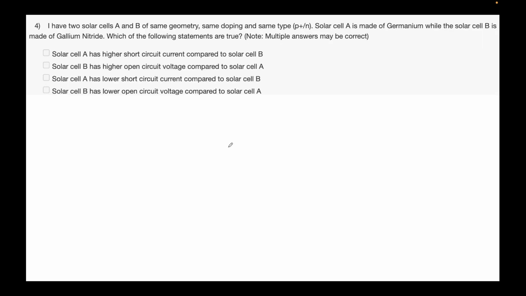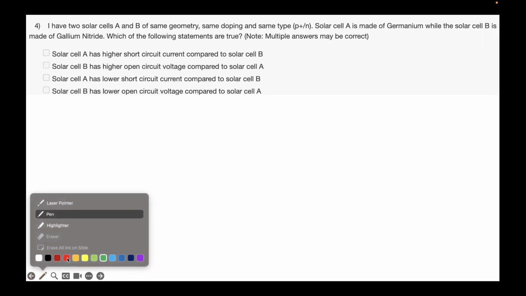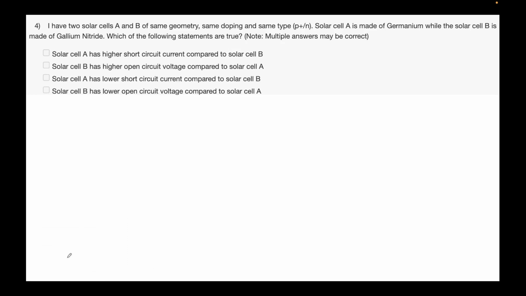Okay, so now another problem where we have to compare two solar cells. This time solar cell A and B have the same geometry, same doping, same type, thickness, whatnot, and A is made of germanium. So let's do this again. P plus N made of germanium, this is A, and then we have solar cell B, again P plus N. The dopings on both sides are the same.